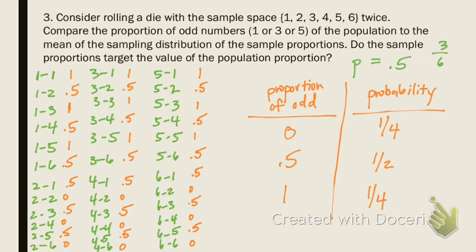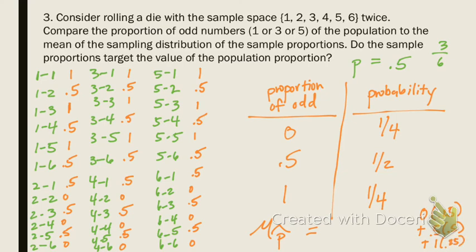And then we're going to call this the mean of the sample proportions. So mu of p hat. So you can either put them in the 2 lists like we just did for the last example, calculate the average, or you could say 0 times 0.25 plus 0.5 times 0.5 plus 1 times 0.25.